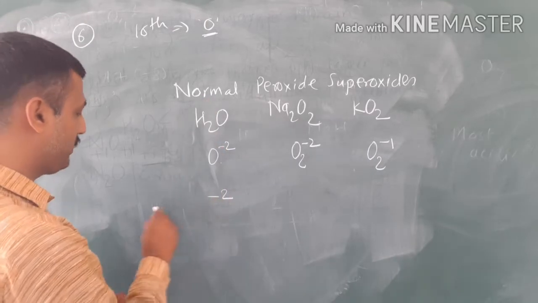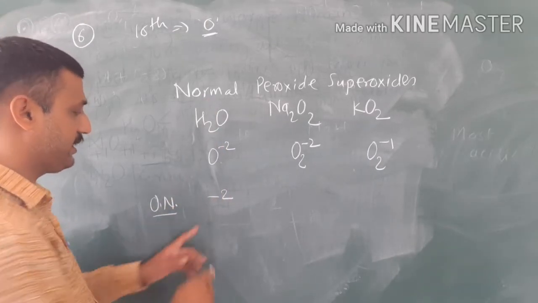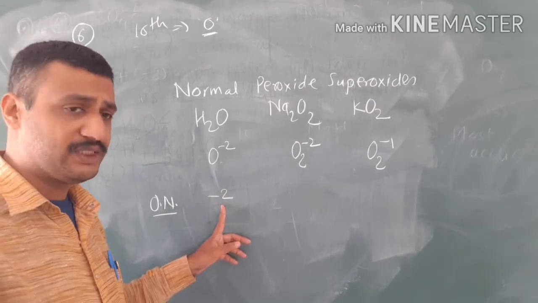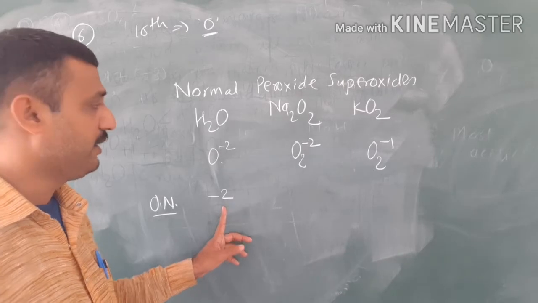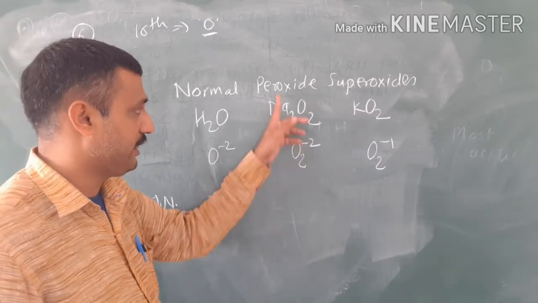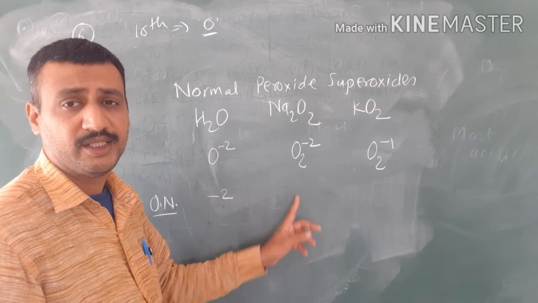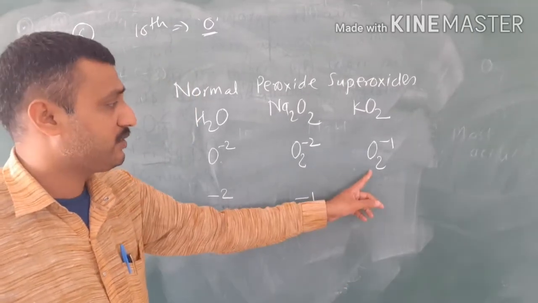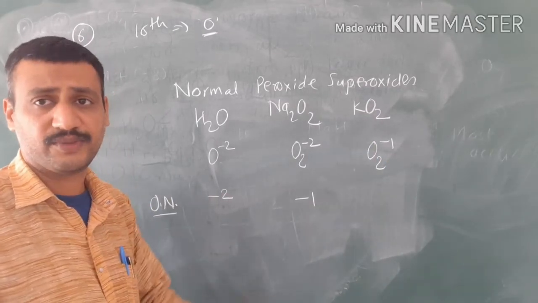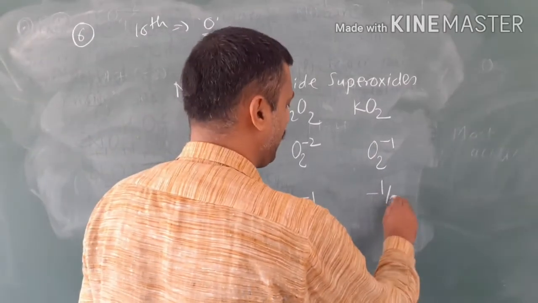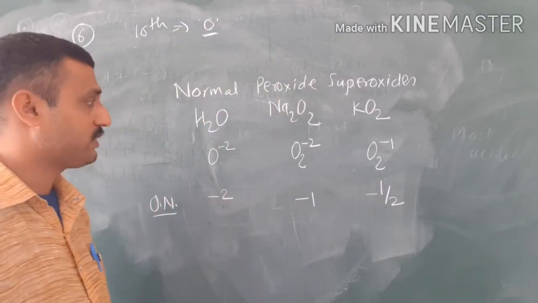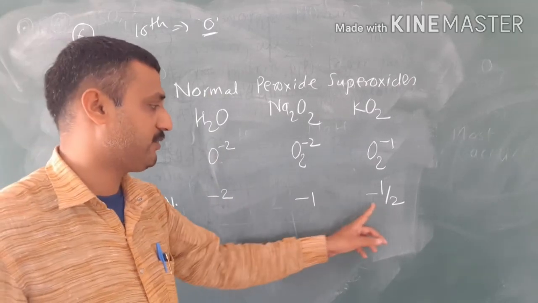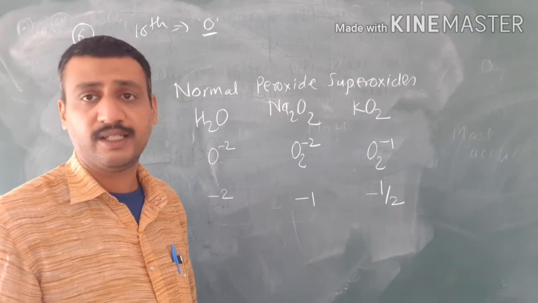So in a normal oxide, the oxidation state of oxygen is -2, because oxidation state applies to the charge on a single atom in the molecule. In the peroxide ion, O2 carries a -2 charge, so a single oxygen carries -1. In the superoxide ion, O2 carries a -1 charge, so a single oxygen carries -1/2. So the oxidation state of oxygen in a normal oxide is -2, in a peroxide it is -1, and in a superoxide it is -1/2.